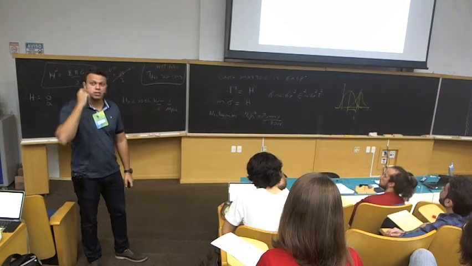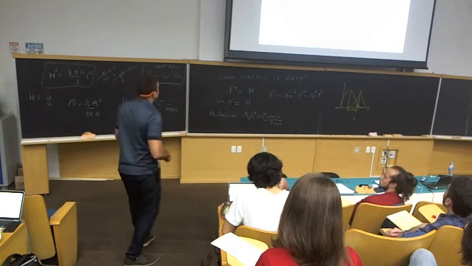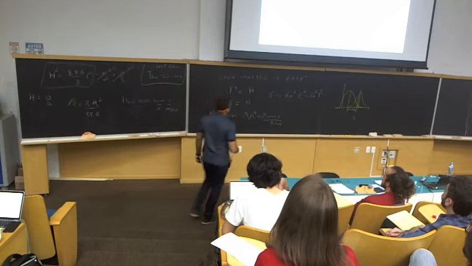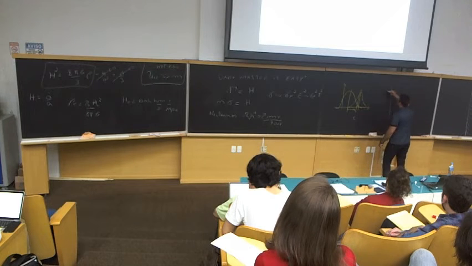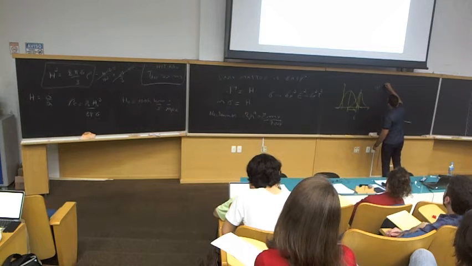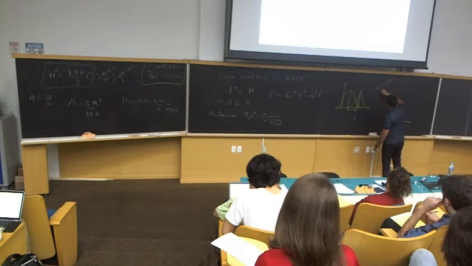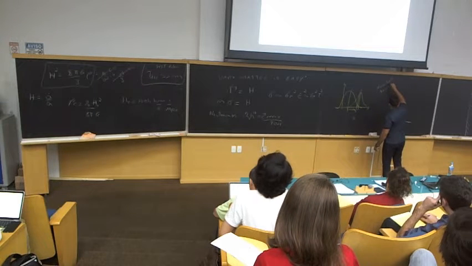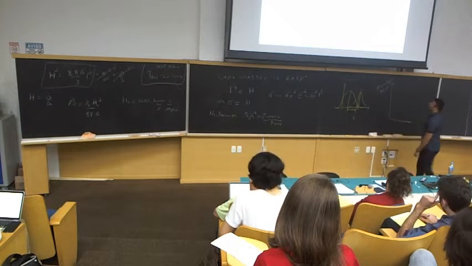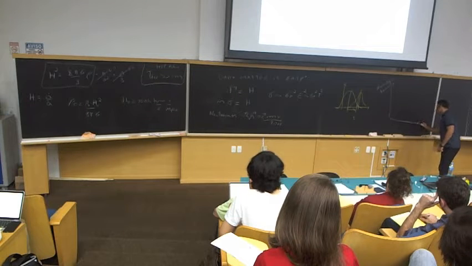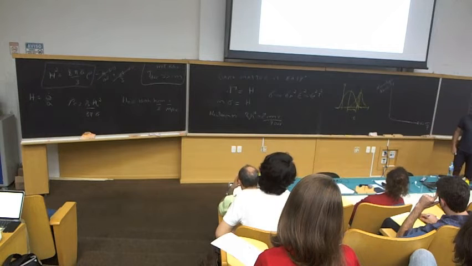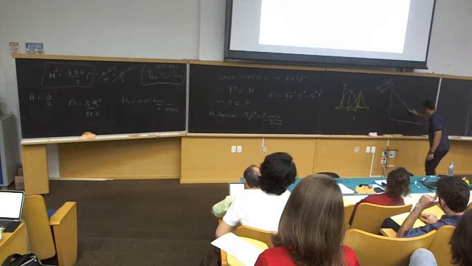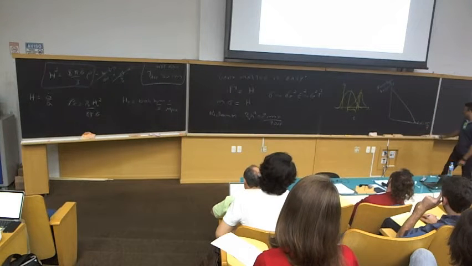Let me explain this plot slowly. So this thing on the y-axis is related to the number density of particles. And here I have x, m over t. What I'm saying is, this is the plot of the number density, and this is x.